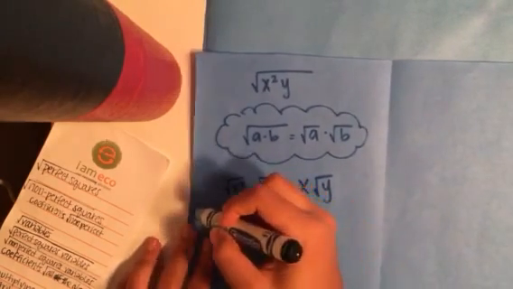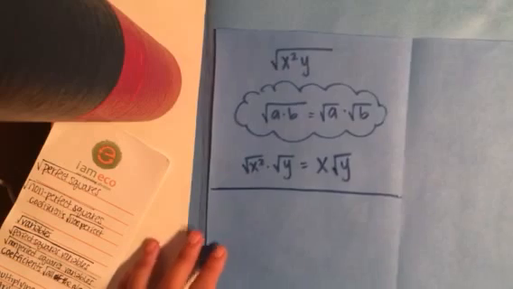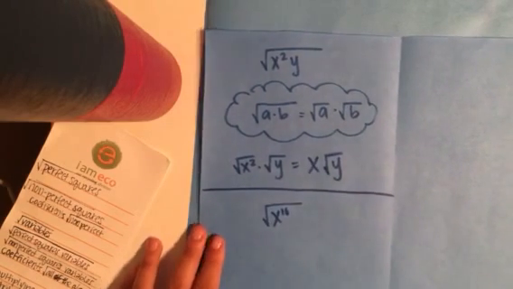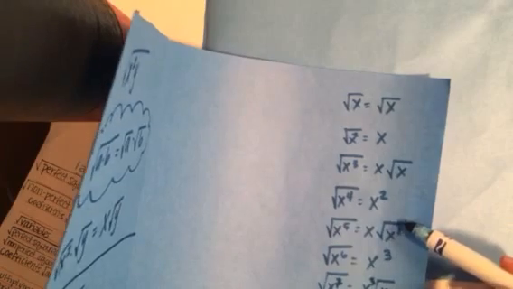Let's try another example. The square root of x to the 10th times 10. We saw over here, when we were taking all of the square roots, that there's a pattern of taking the exponent and dividing it by 2 if it's even. So whereas we had root x squared, we can just call it x to the 1. Root x to the 4th, we can just call it x to the 2nd power. Root x to the 6th, we can just call it x to the 3rd power.